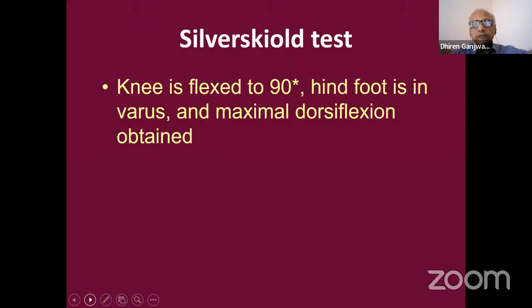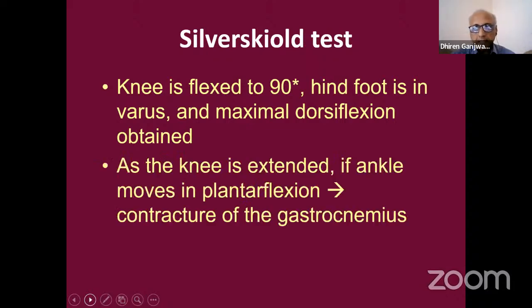So the original Silfverskiöld test says that the knee is flexed to 90 degrees, the hindfoot is in inversion or varus, and then maximal dorsiflexion is obtained. That's the starting position. And as the knee is extended, if the ankle moves into plantar flexion, that suggests contracture of the gastrocnemius.